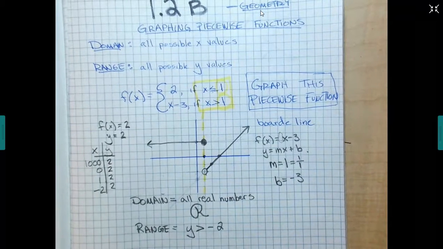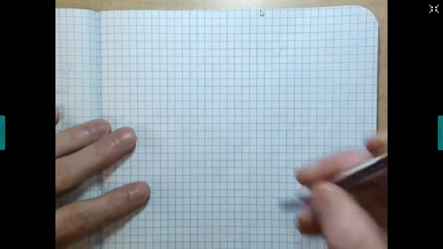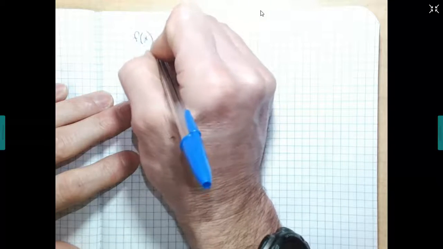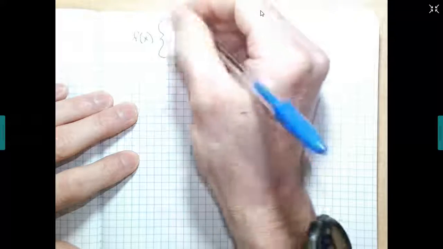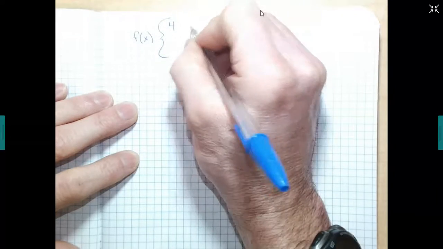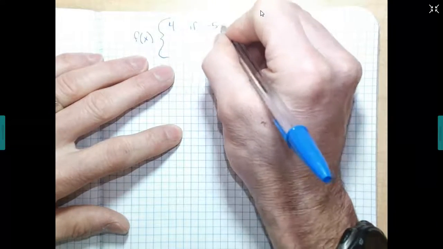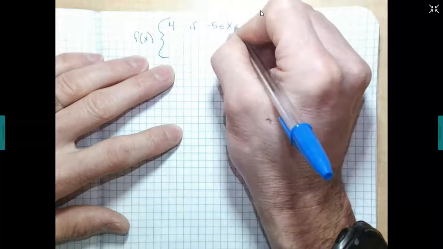Alright, let's do one more, and this next one we will piecewise 3 different ones together. So, what if we have f of x equals 4 if negative 5 is less than or equal to x, which is less than negative 2.